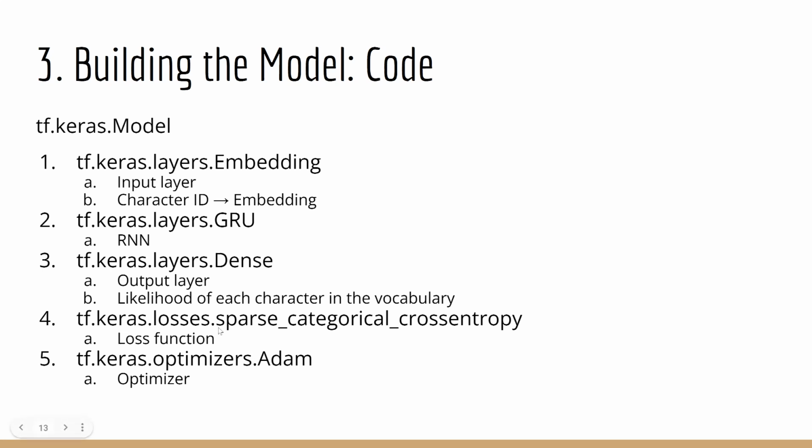And this is the loss function that will be used to do that. In addition to the loss function, you also have to have an optimizer. The optimizer will be used to optimize the way to make better predictions. So these are all different components that come into building and training this model.